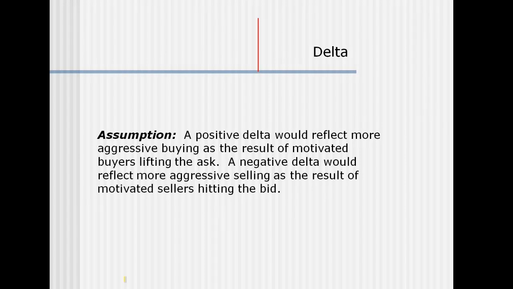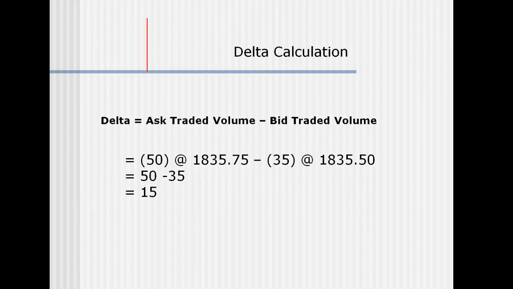One has to be very realistic, but one has to understand the underlying assumption. A negative delta would then reflect more aggressive selling as a result of motivated sellers hitting the bid. Again, those are the basic assumptions associated with the delta, and here's how we would calculate our delta.